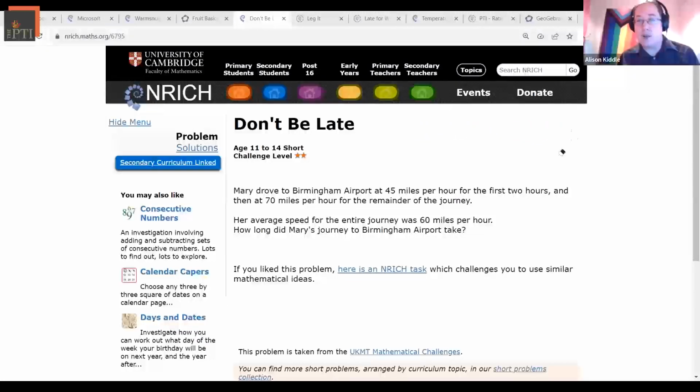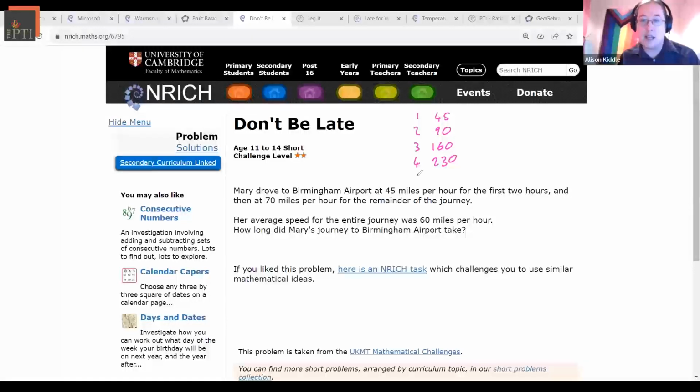I don't think that's how many 14-year-olds might think to solve it. A student might say that they go 45 miles and then 45 miles. So hour 1, hour 2, hour 3, and so on is going to be 45 and then 90, and then adding on a 70, that's 90 and 70 is 160. And then adding on another 70 is 230.